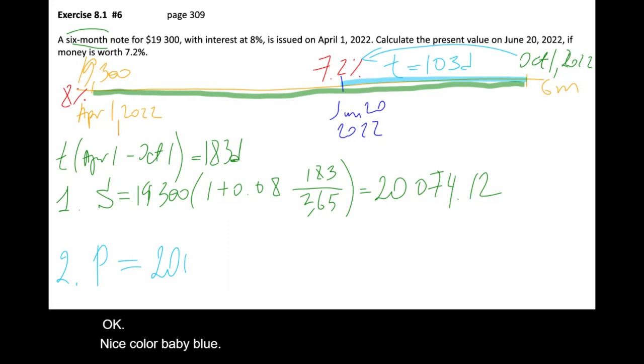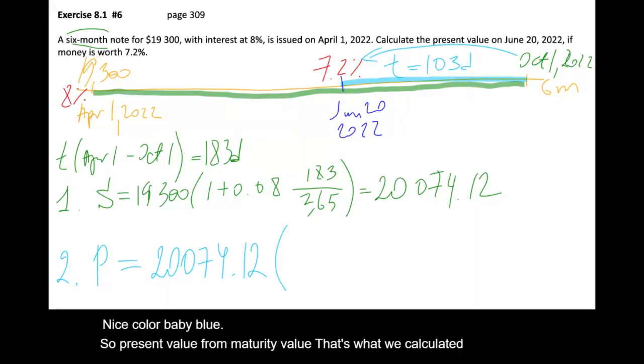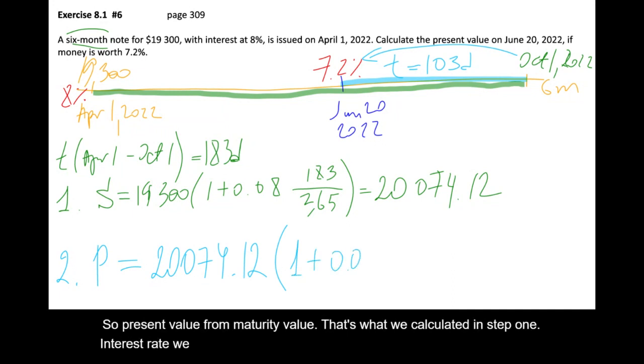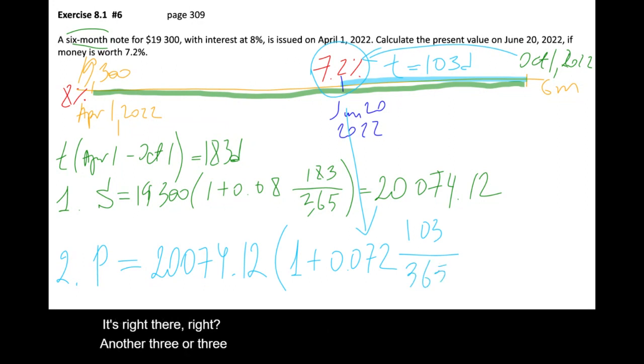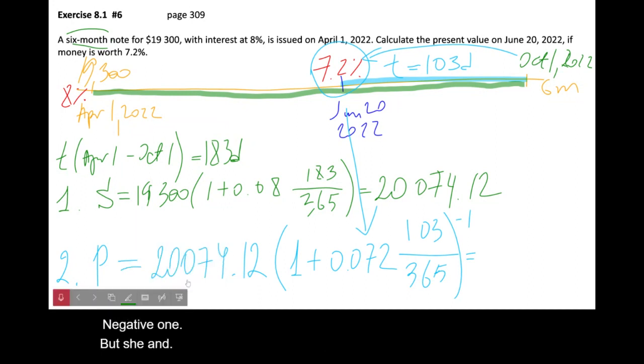So present value from maturity value, that's what we calculated in step 1. Interest rate, we use the one on the day of transaction, so it's right there. 103 over 365, minus 1.